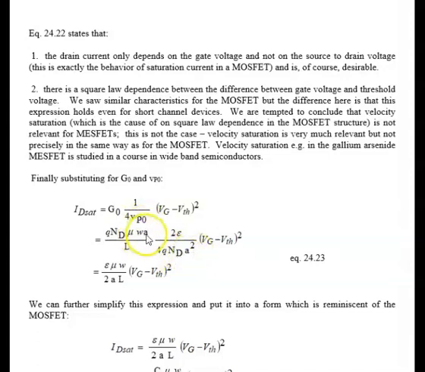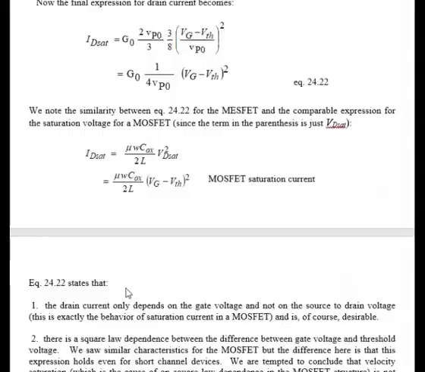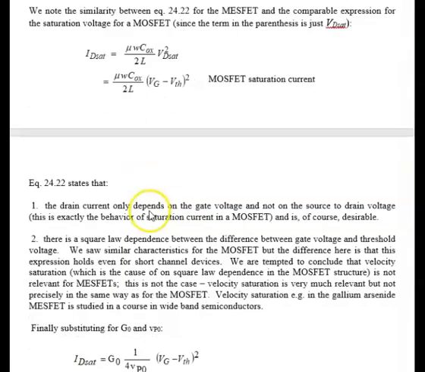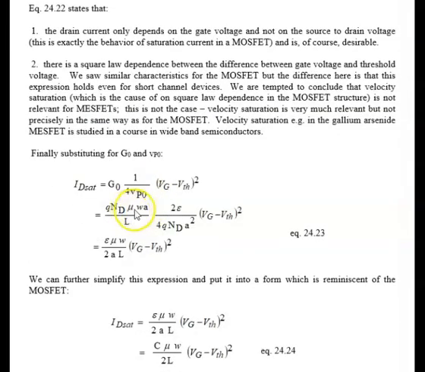We have an A on the top, A squared on the bottom, so you get an A here. Now it's beginning to look a lot like the coefficient here: W over L with a mu, W over L. Wow, that's great.